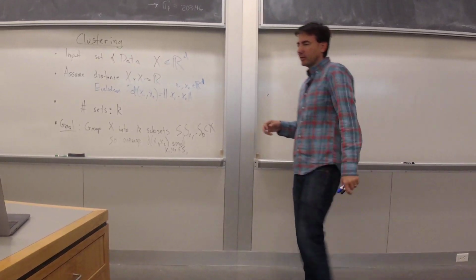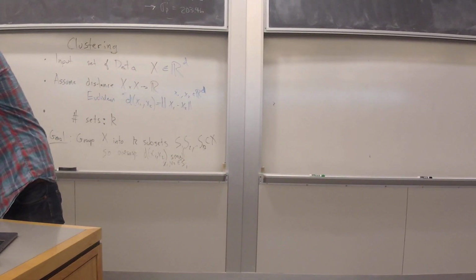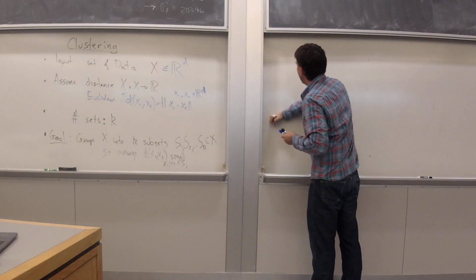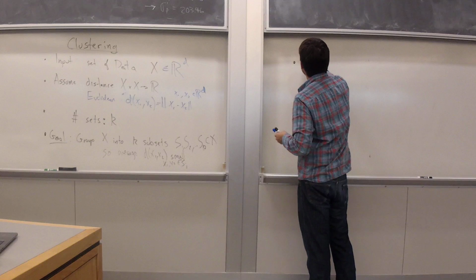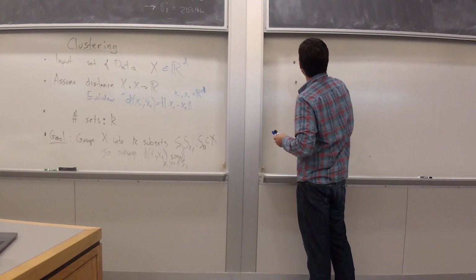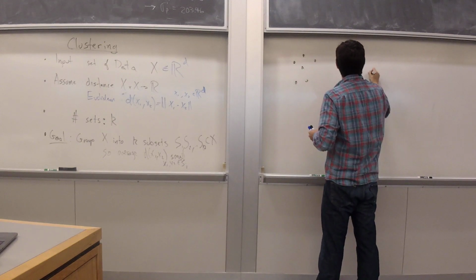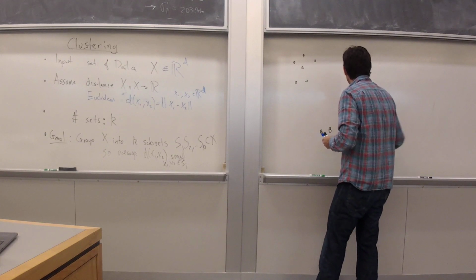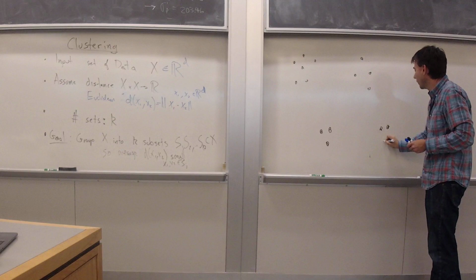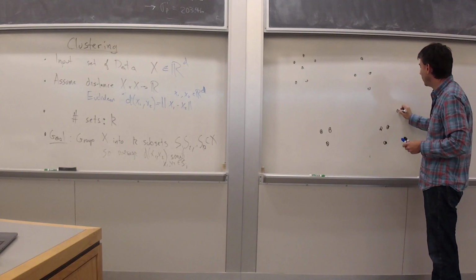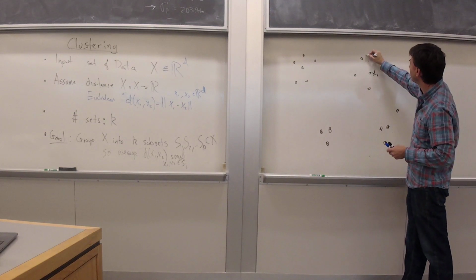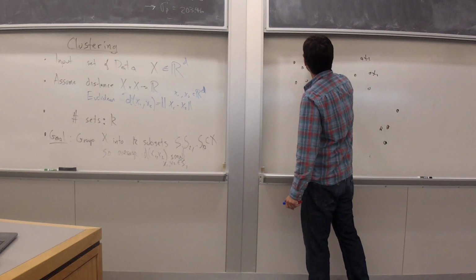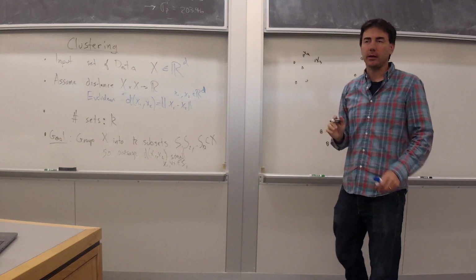So let me try and draw a picture and then say something about the picture. So now I'm going to draw a set of these points. Okay, so this would be x1, x2, x3, x4, and so on, right?